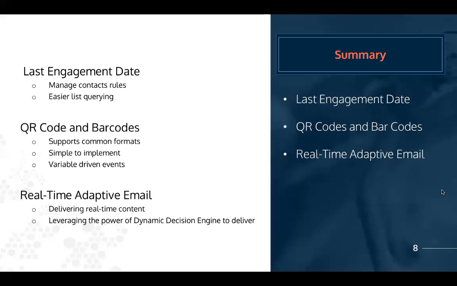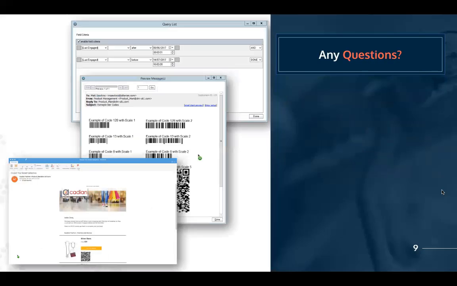And then in terms of the technology preview of real-time adaptive email, you'll be able to see delivering of the real-time content using DDE, and the limitless options we have going forward in providing dynamic content in real time.